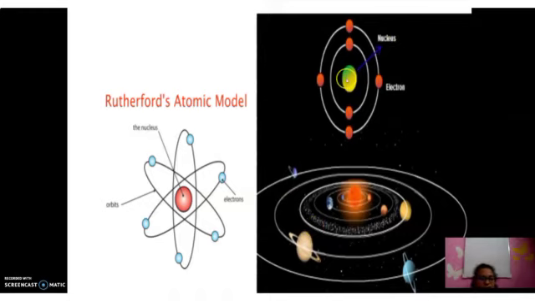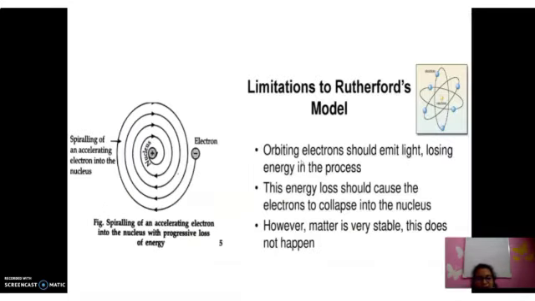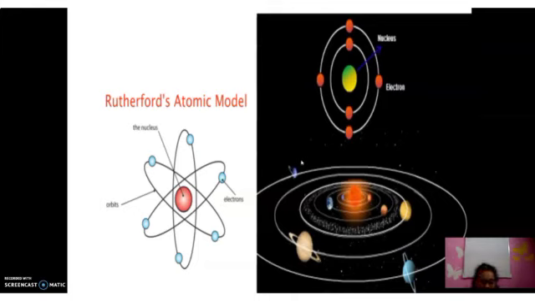We know in the solar system, the sun is the center and all other planets are revolving around the sun. Similar to this, instead of the sun, here is the nucleus. Planets are electrons. So electrons are revolving around the nucleus, similar to planets revolving around the sun. So this is the atomic model of Rutherford.